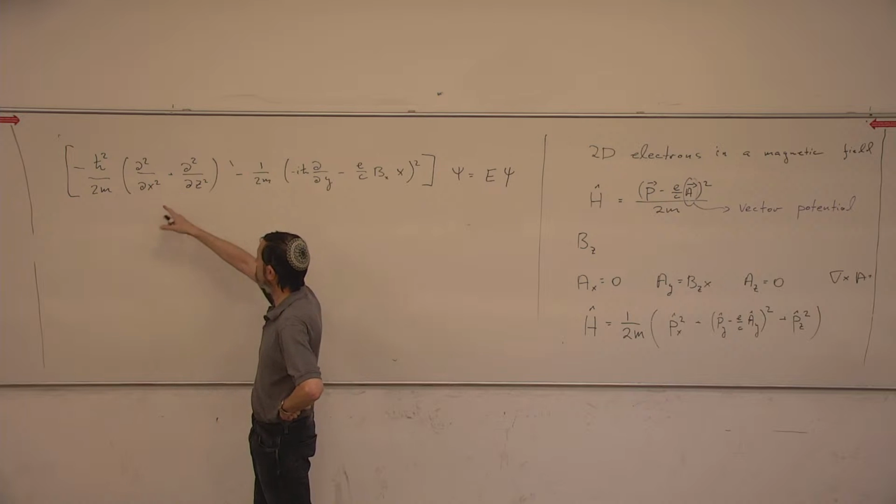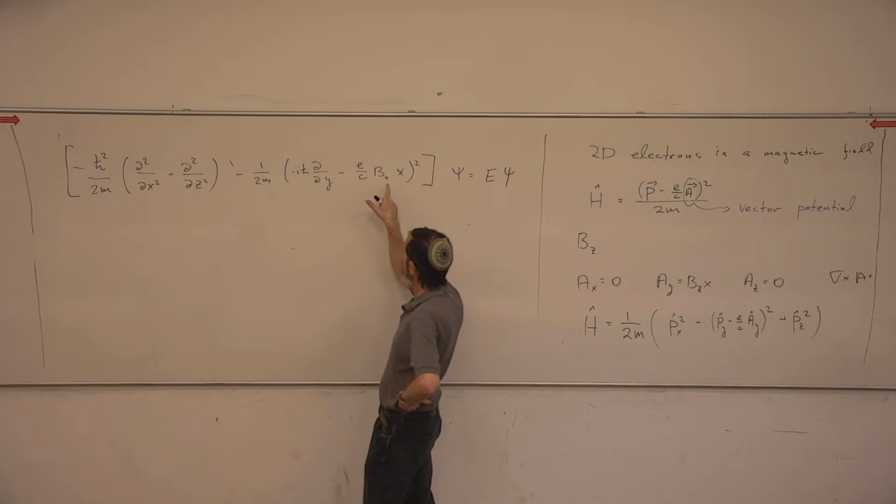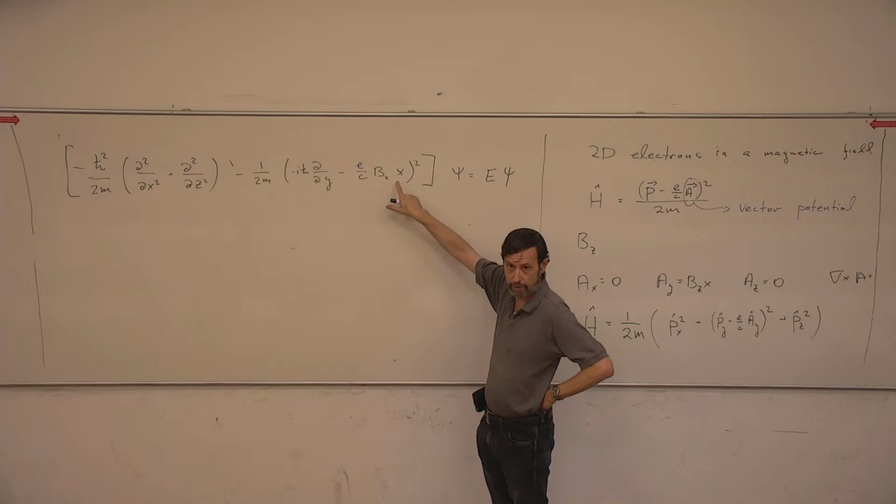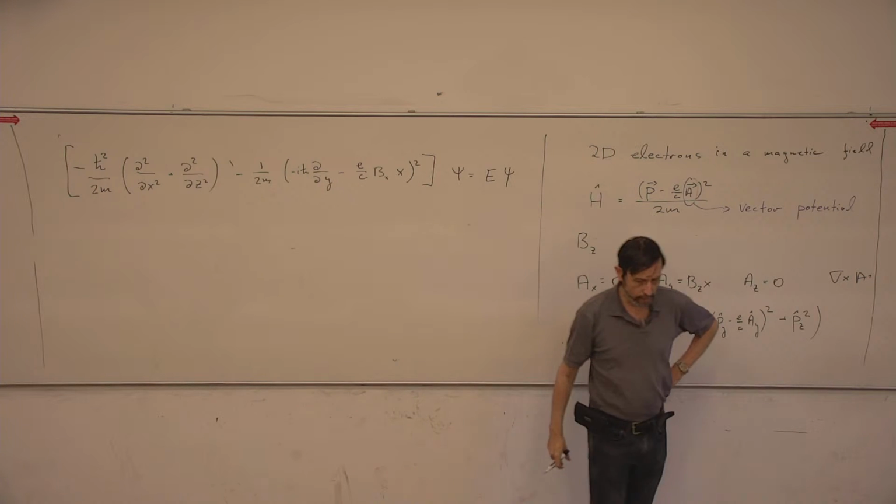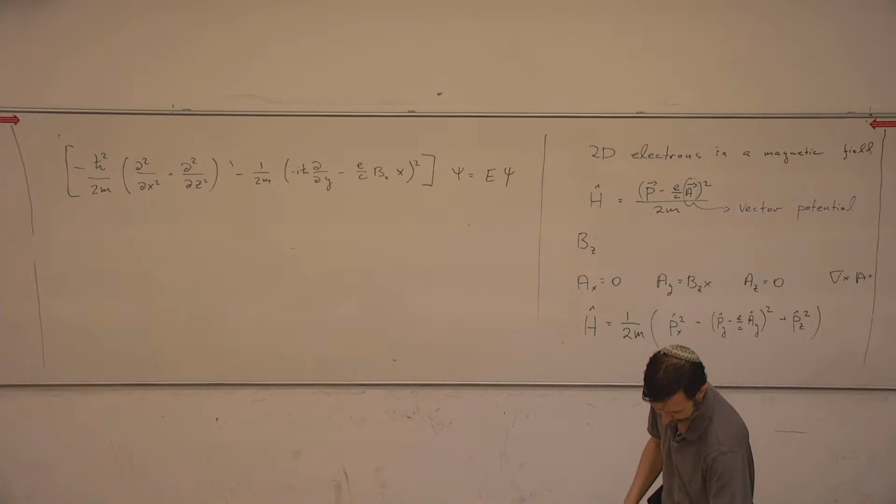On the other hand, in the x direction, we have some explicit dependence on x. So we'll guess a solution.